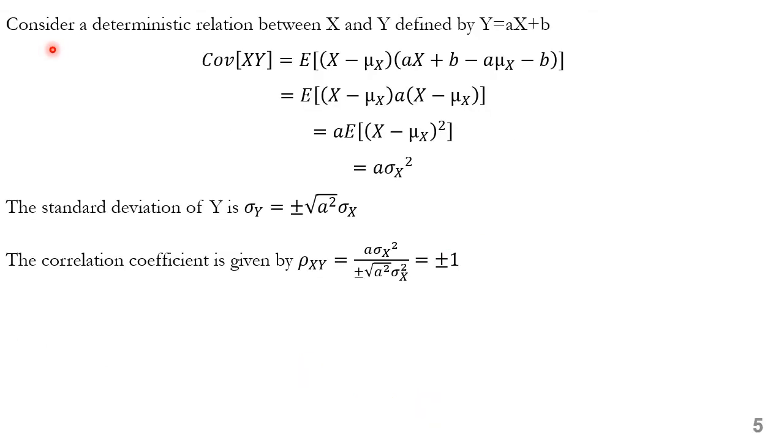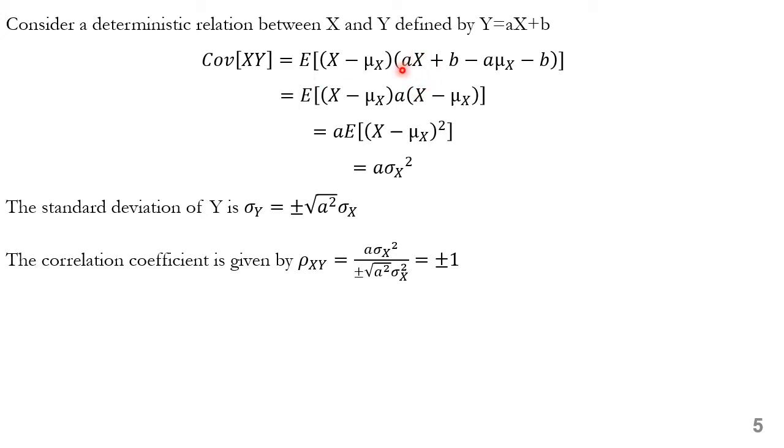We consider the deterministic relation between x and y, where we define y is equal to ax plus b. We know that covariance of xy is equal to the expectation of x minus mu x, y minus mu y.